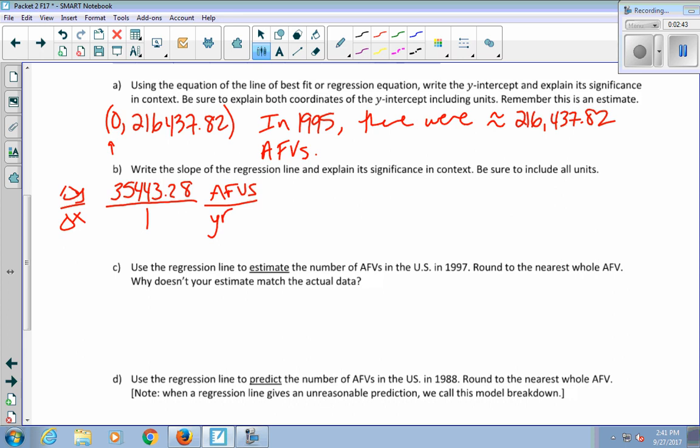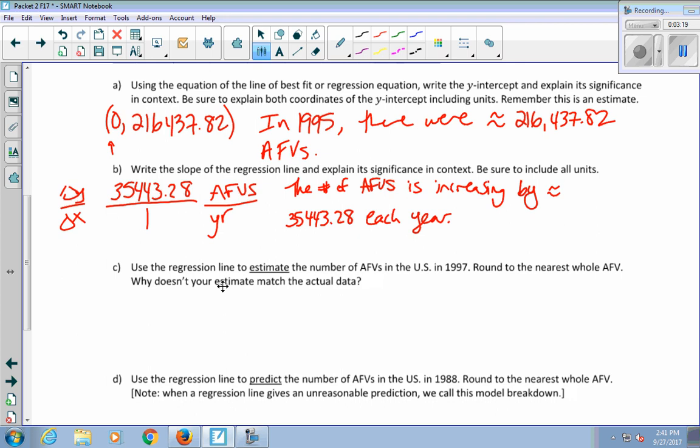So this is giving a rate of change: the number of AFVs is increasing by approximately 35,443.28 AFVs per year.